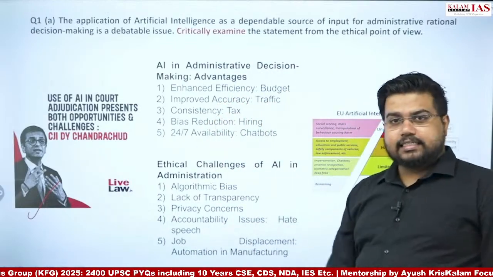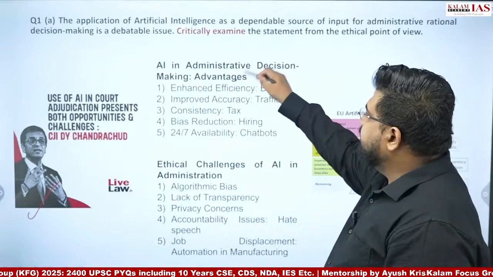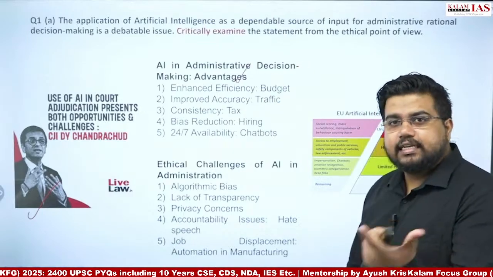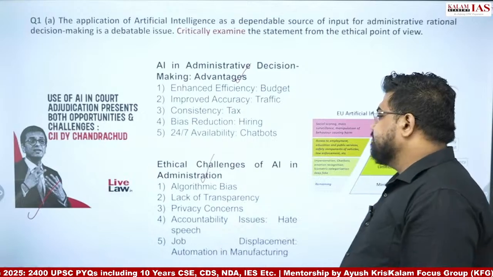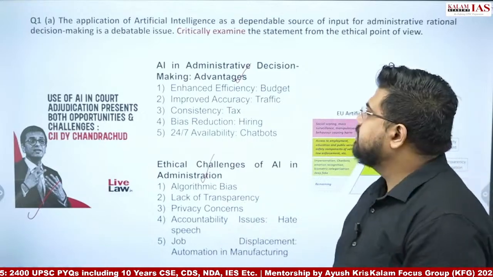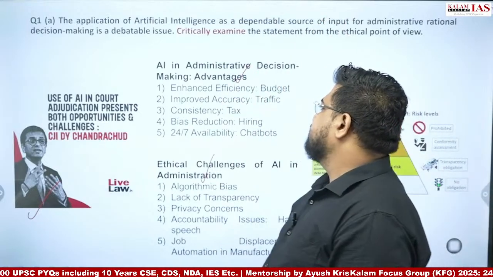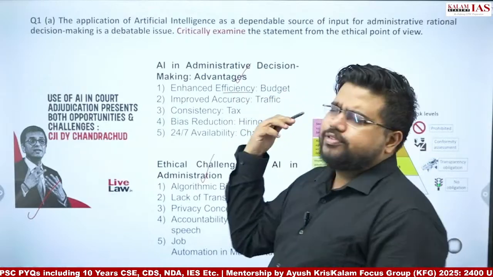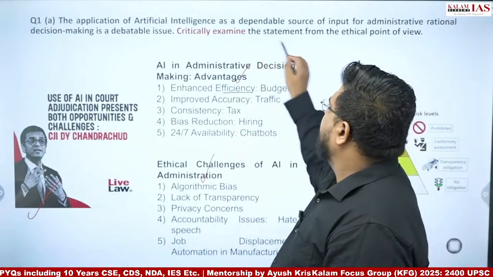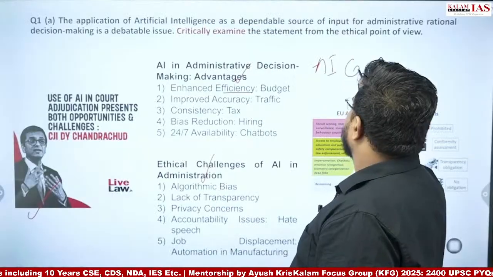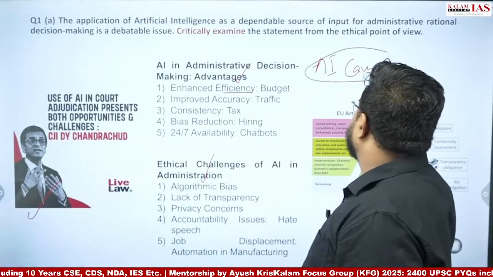Second, we have already discussed the two parts: advantages of AI in administrative ethical decision making, and challenges or limitations. In advantages, you can think of efficiency. Think of some examples, like the AI cameras installed in Kerala and some other states.